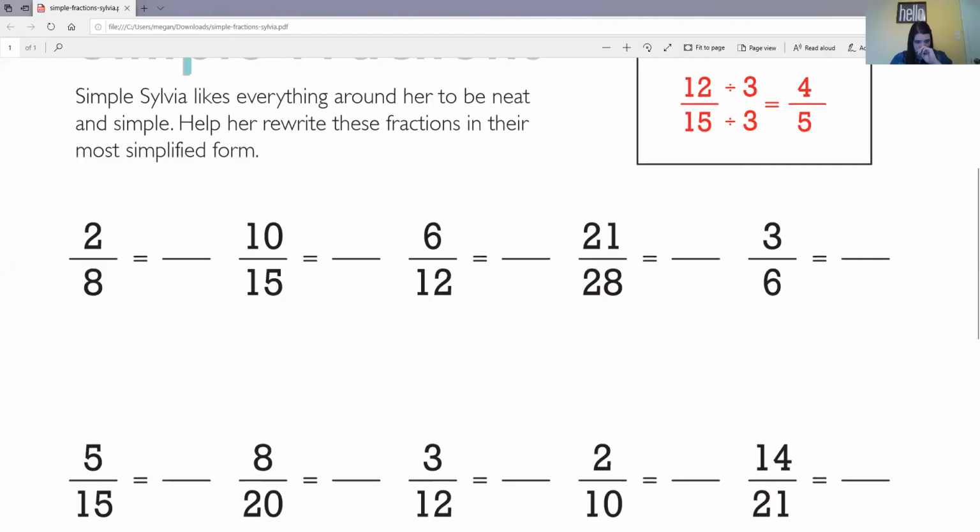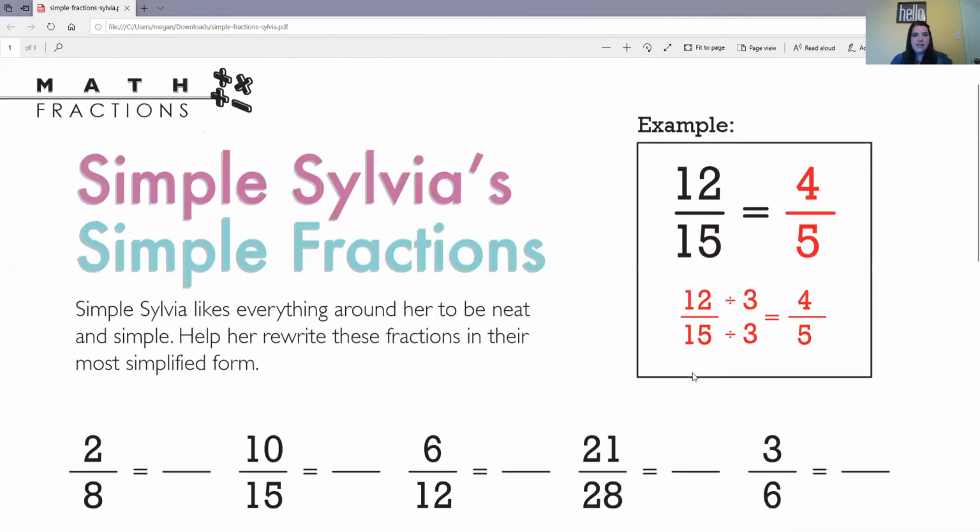So let me share my screen. I found the worksheet online and I made it a little bit bigger so we can all see it. It's Simple Sylvia's Simple Fractions. Simple Sylvia likes everything around her to be neat and simple. Help her rewrite these fractions in the most simplified form. Then it gives you this example here, 12/15.